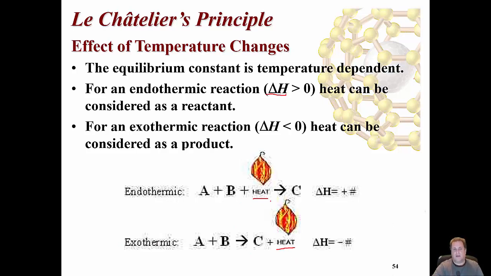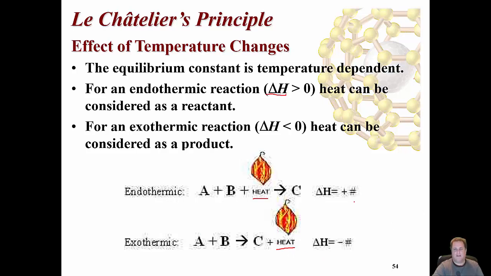Endothermic means we have to put it in. So reactants are things we put into a reaction. Say you're using the Bunsen burner, like the decomposition reaction we did, we added heat. Here, maybe it's just a combustion or burning reaction, we're going to give off heat.